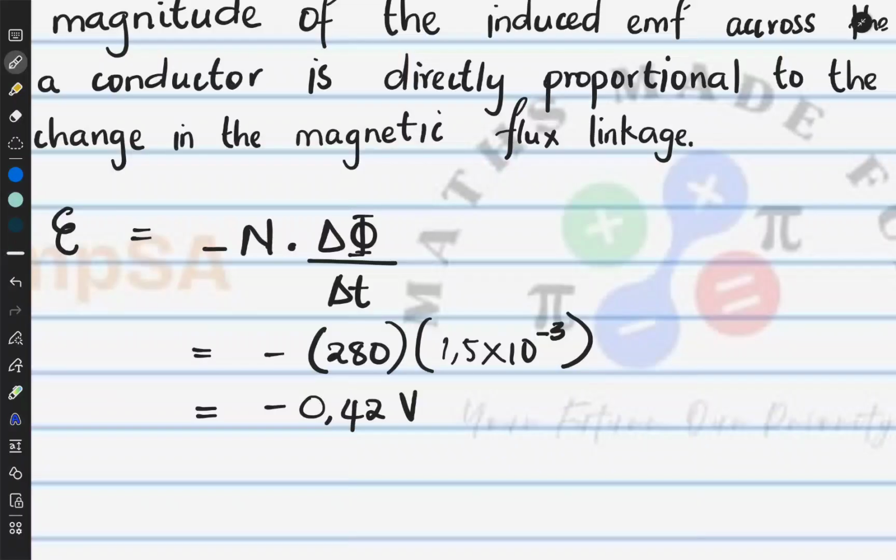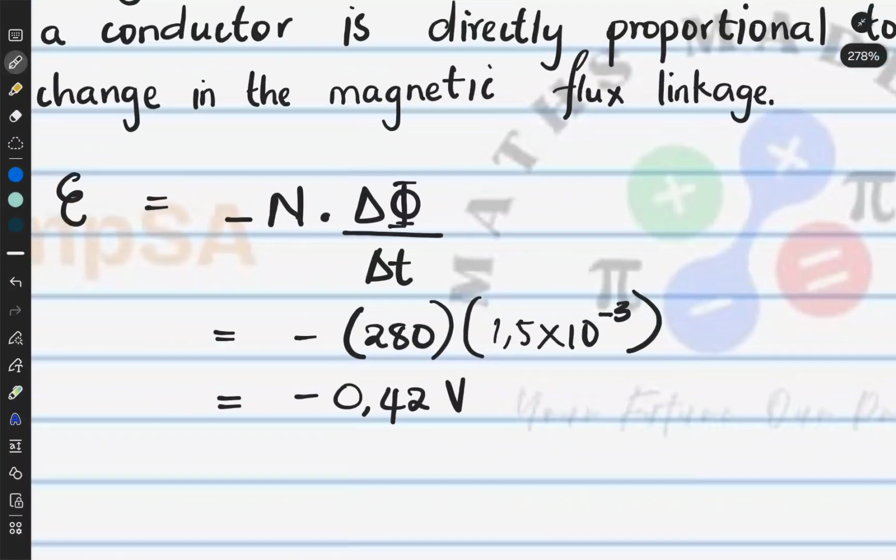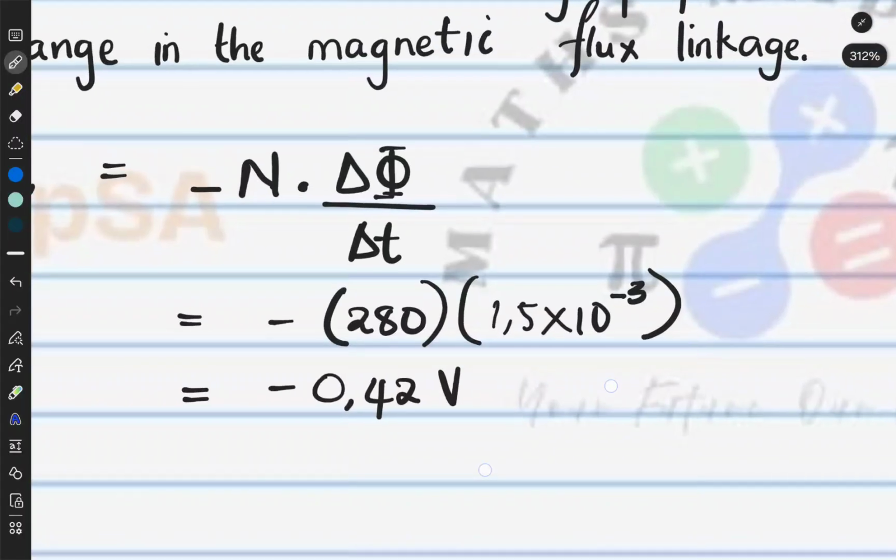So what this means is that, if you remember, according to Lenz's law, whenever the changing magnetic flux induces an EMF in the coil, the current that results will also develop a magnetic field. But the magnetic field, or the current, will be such that it wants to oppose the change in magnetic flux, right?